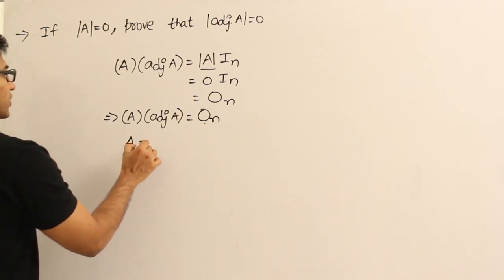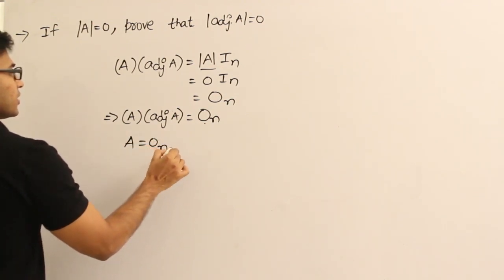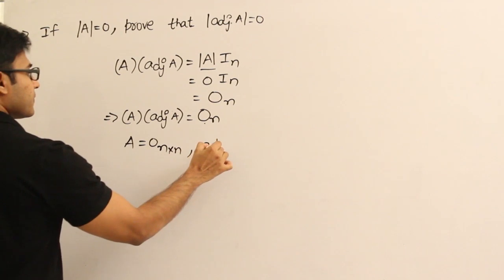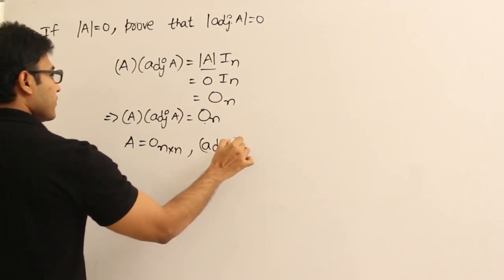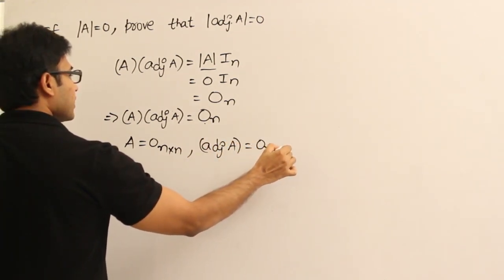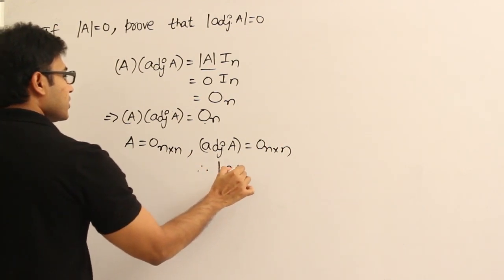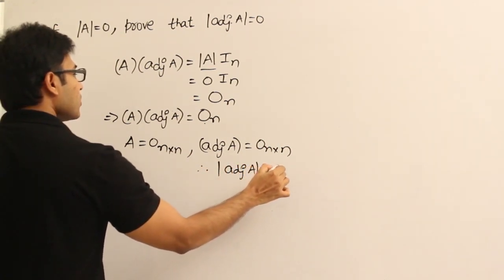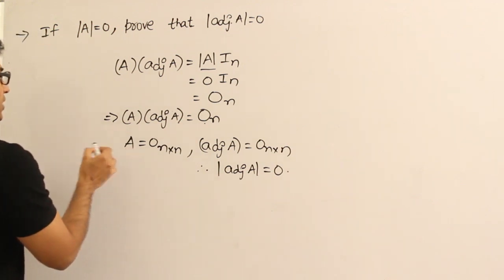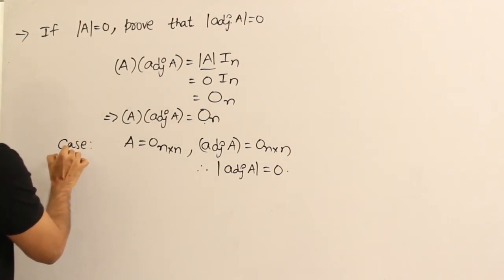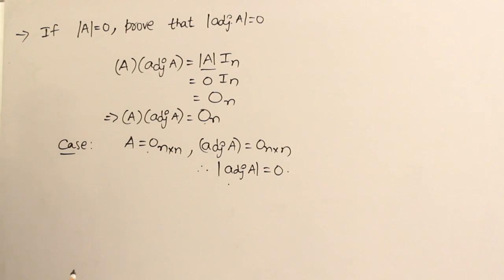So assume that A equal to null, then we know that adjoint of A is also equal to null. Therefore determinant of adjoint of A is going to be 0.